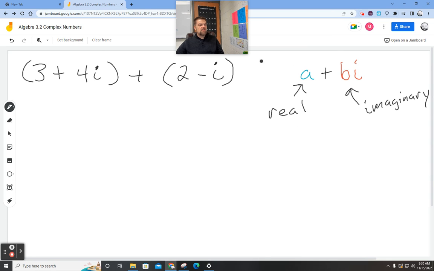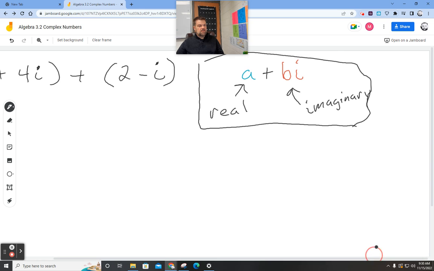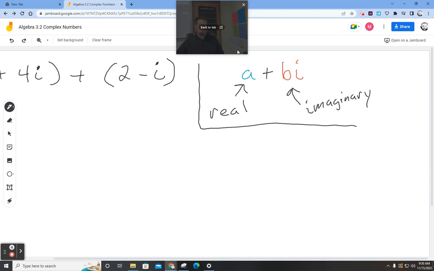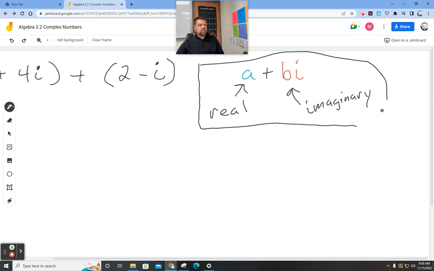So this whole thing combined is a complex number. It's complex because it has a real component and an imaginary component.